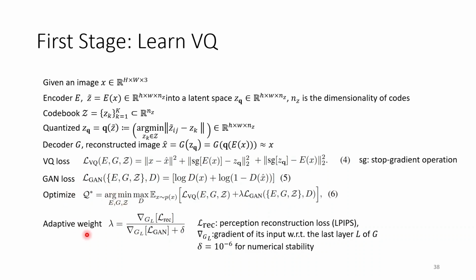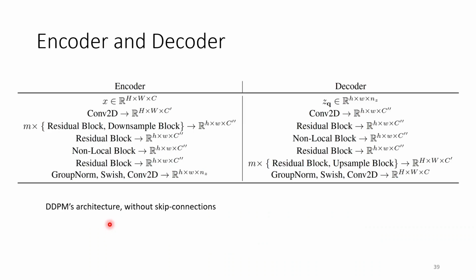And in their training step, they prefer to learn perceptually similar results, so they use LPIPS as guidance to update their weight parameter lambda.